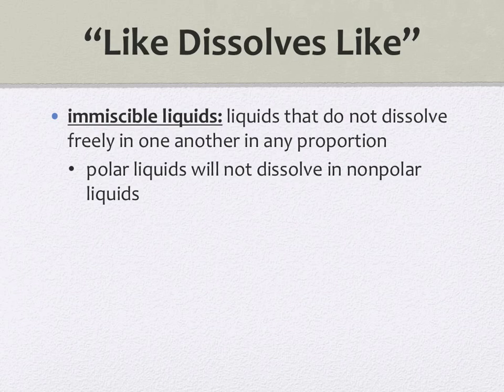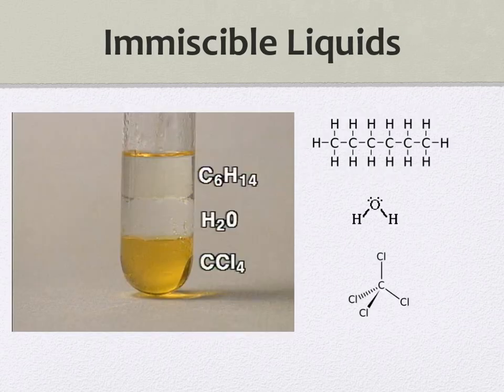So if things are not alike in polarity, we say they are immiscible. Polar and nonpolar do not mix. You can see here in this photo, we've got some liquids that have layered out because they are immiscible.